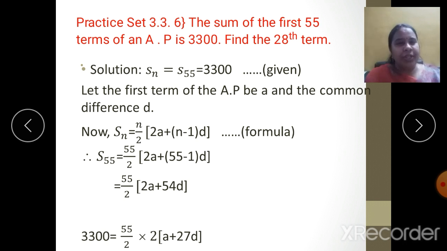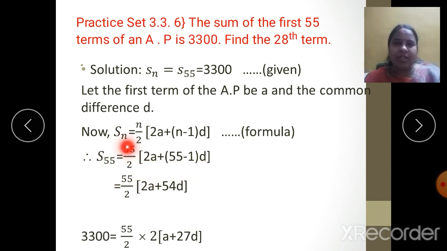Correct? So in this, from where to start? Since sum is given, S55 is given as 3300. So we will start with the formula Sn is equal to n upon 2, 2a plus n minus 1 into d. At the most what I can substitute? n value is given as 55. Nothing else, right? So S55 is 55 upon 2, 2a plus 55 minus 1 d.